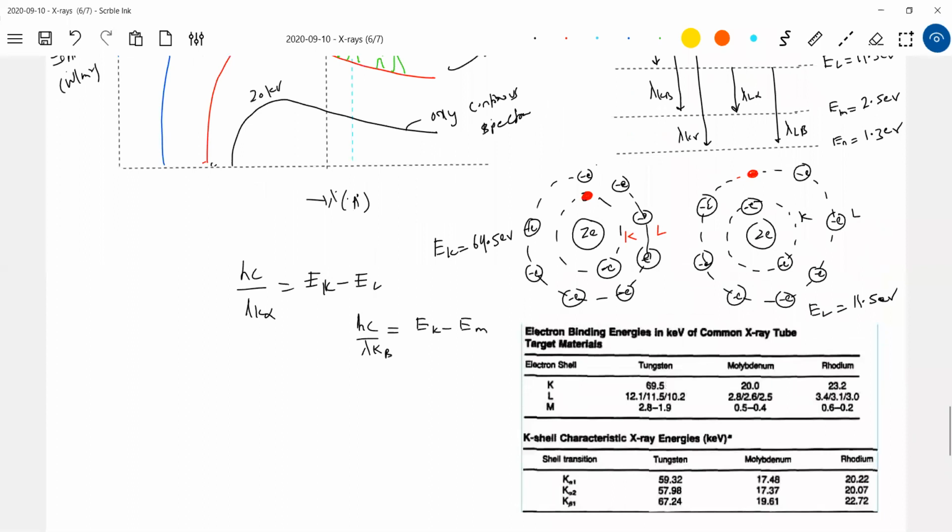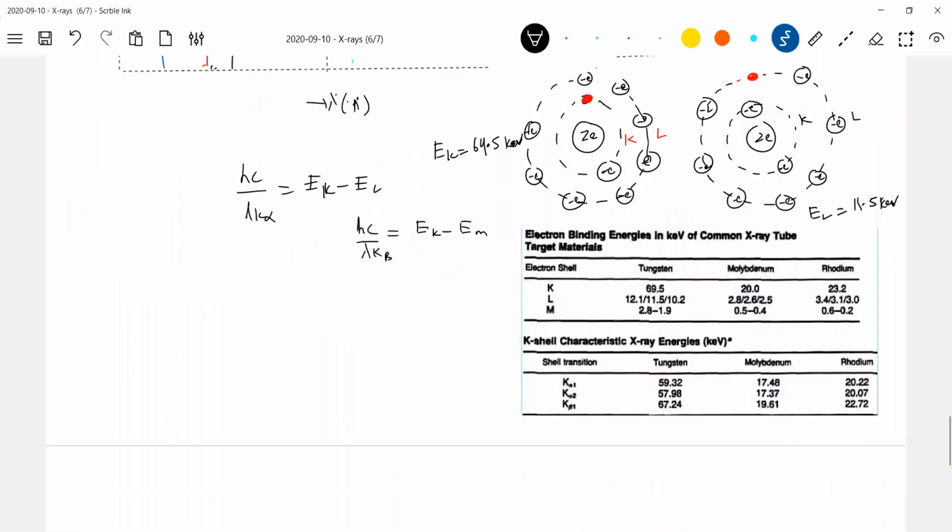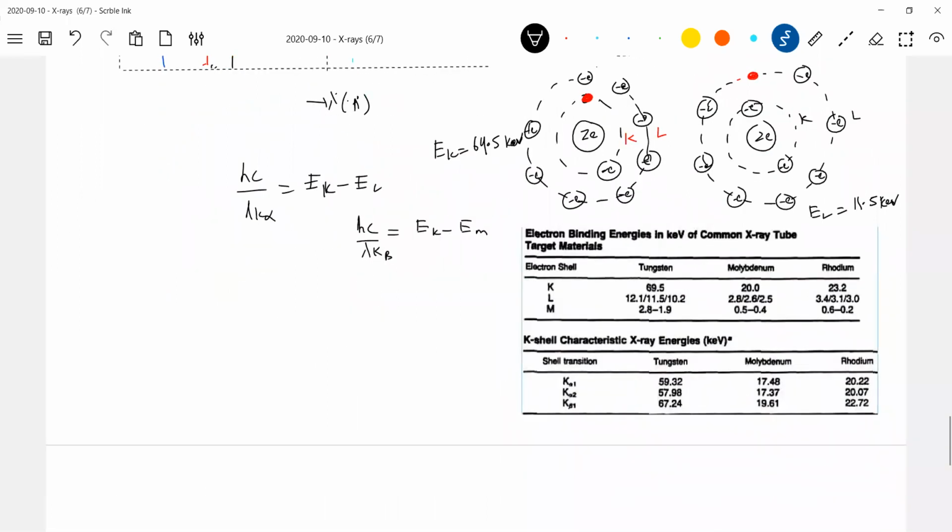I think 69.5 kilo electron volt. Now come to this. So there's the information. No need to memorize, I just brought an idea.